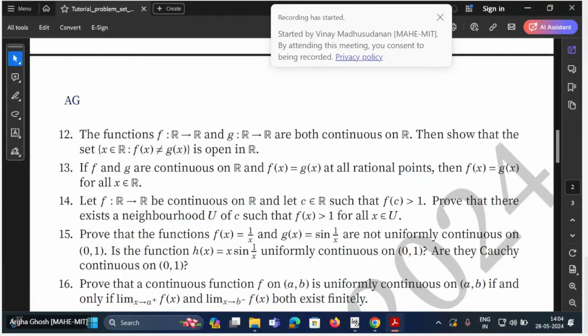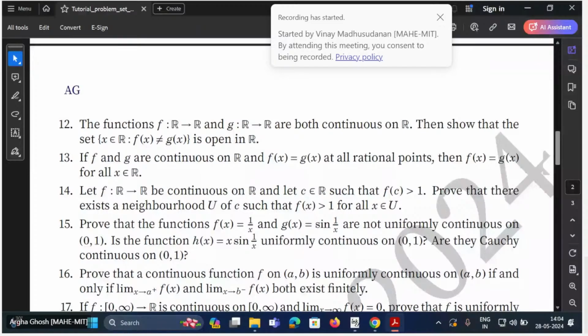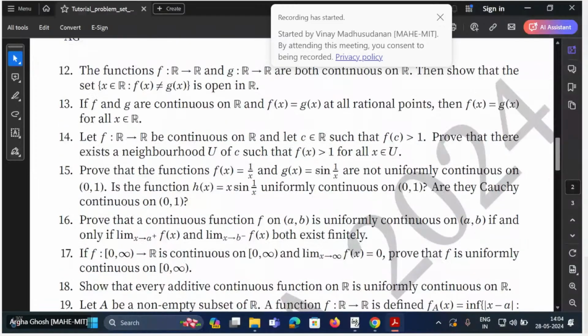Okay, then. Yeah, that's... leave it. Okay, let it be there.